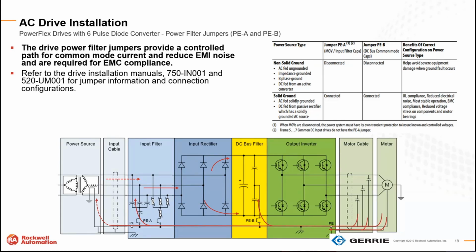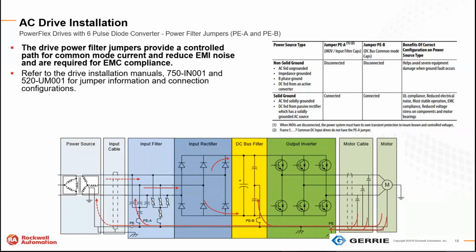We have a DC bus filter jumper, and we also have a common mode capacitor and an MOV jumper down there as well. You notice right now when it's connected, if there was a ground fault, whether it be in our output of the drive or on some unrelated load that is off of the originating power source or the originating transformer, the ground fault will try to make its way back.